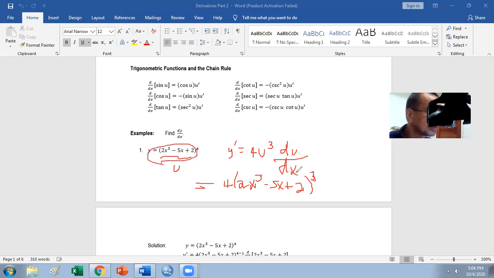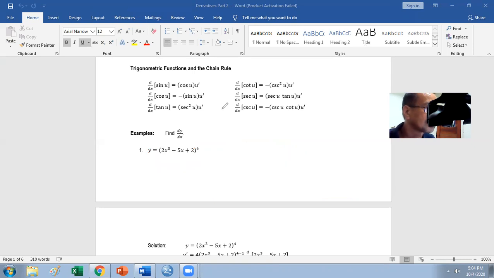Anong derivative niyan? Ang derivative niyan will just be 6x squared minus 5x, minus 5 lang pala. Okay? So, and then you can just simplify this. Ito yung derivative. Okay? So, may notes naman to, aralin nyo na lang. Okay? So, let's have the next example.